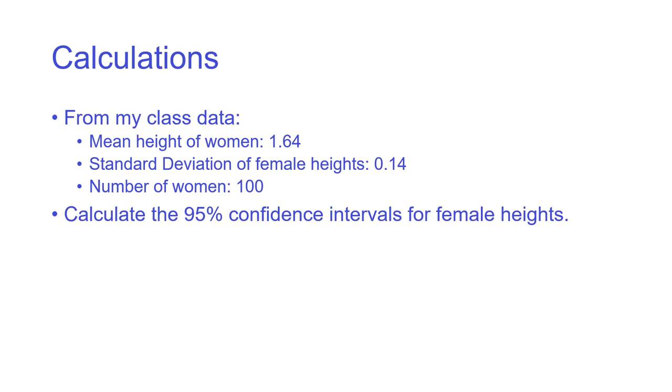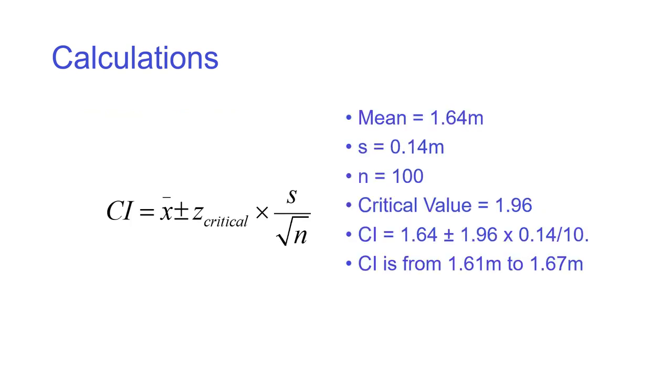So the mean we can put into the formula as 1.64, standard deviation is 0.14, n equals 100, so the square root of n equals 10. The critical value equals 1.96, so the confidence interval is 1.64 plus or minus 1.96 times 0.14 divided by 10.